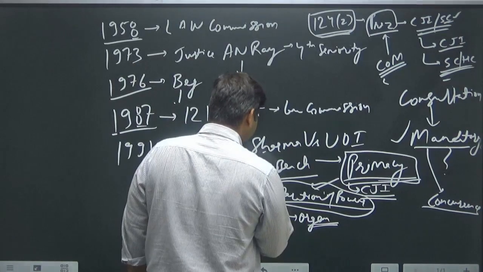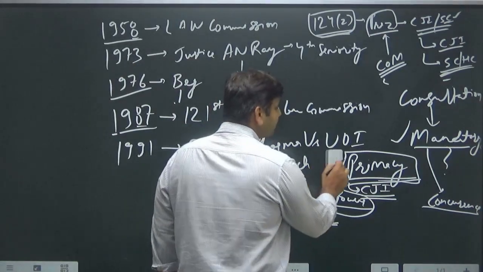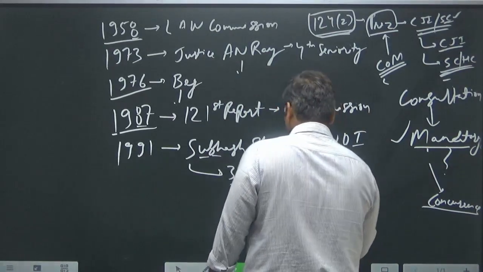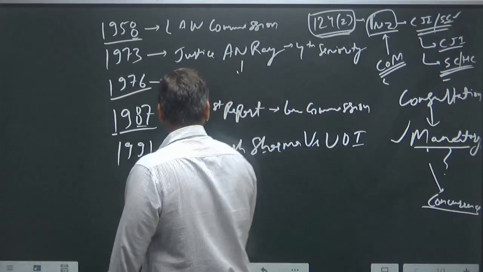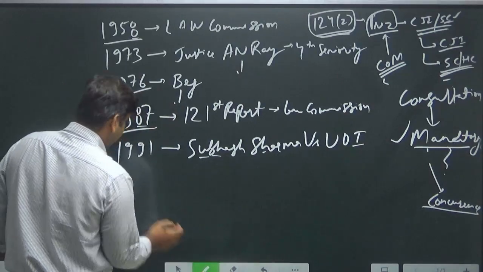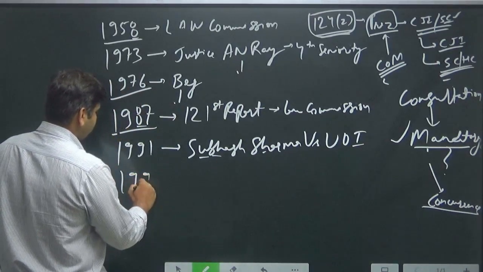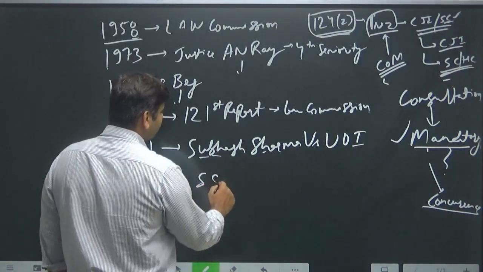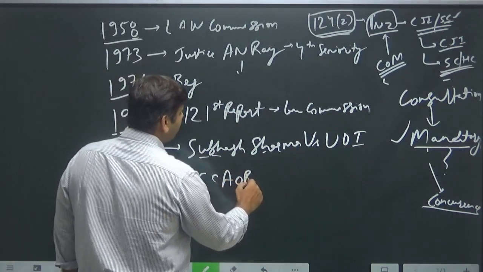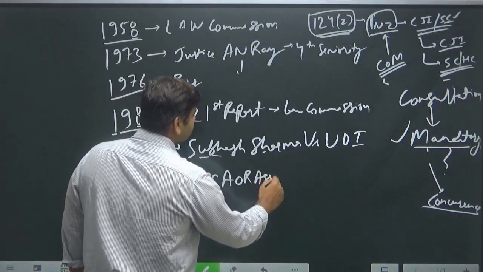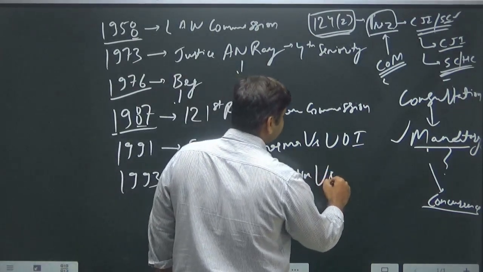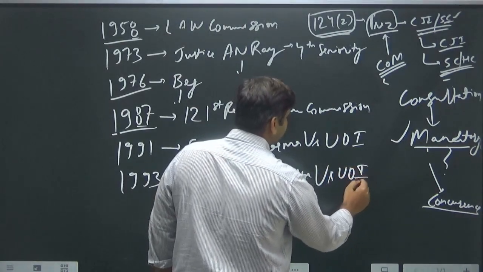After the Subhash Sharma case, another important case came up, which was in 1993. The 1993 case is called the Supreme Court Advocate on Record Association versus Union of India.